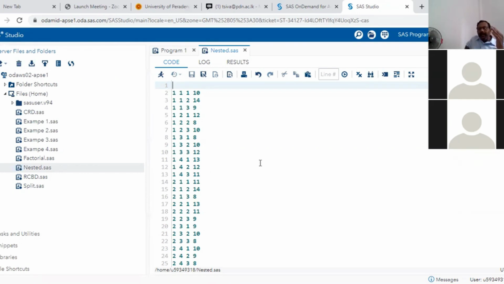For example, in the nested design, for the main factor, the first factor, let's say factor A, factor B in the nested design. For factor A, the denominator to test whether there is an effect is not taken as the normal error denominator.